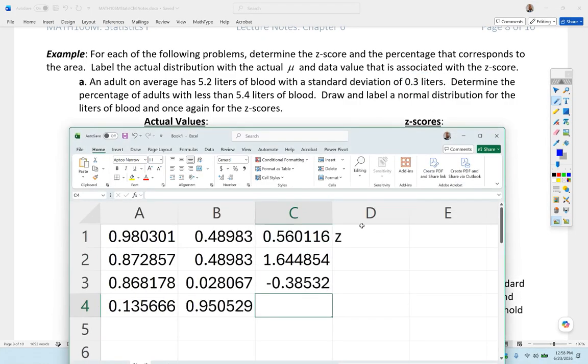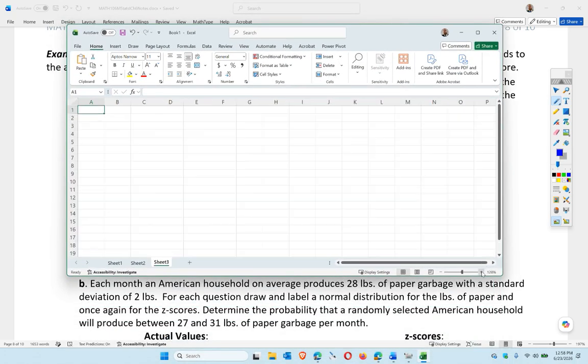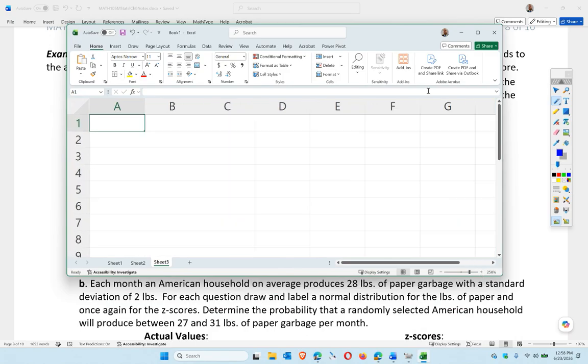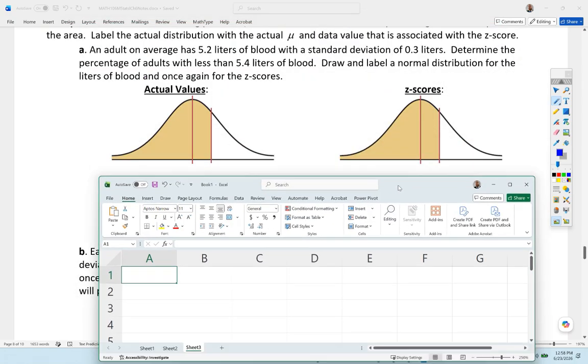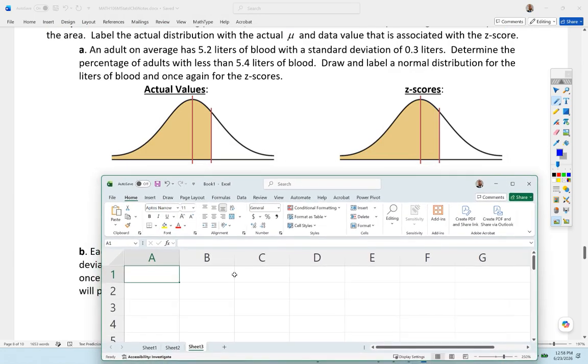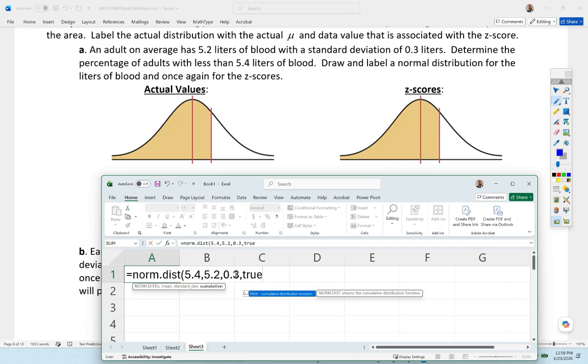Okay, let's go to another spreadsheet here. Alright, so NORM.DIST. We want 5.4 liters or less, so comma 5.2 average with a deviation of 0.3 liters, comma true.